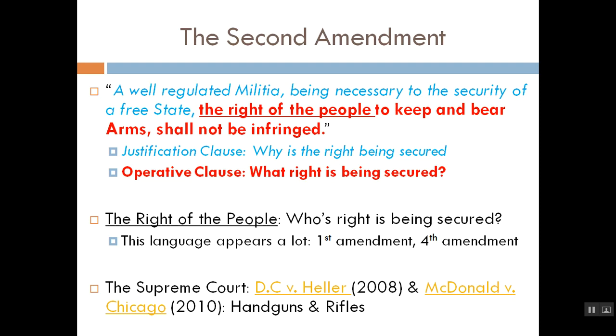And it's not until the 1930s, therefore, that we get federal gun control laws, which can be challenged in court. And what we will discover then is that there aren't that many cases dealing with the Second Amendment, and therefore, it's not going to take us a lot of time to talk about it.